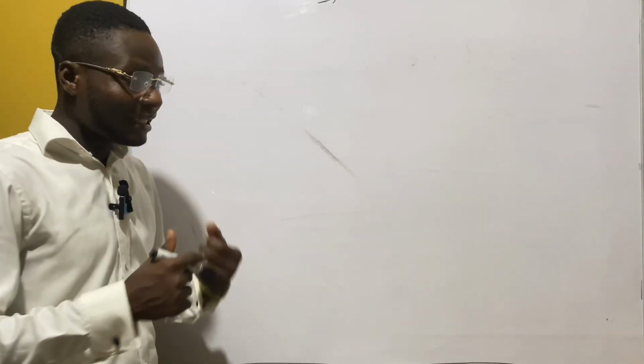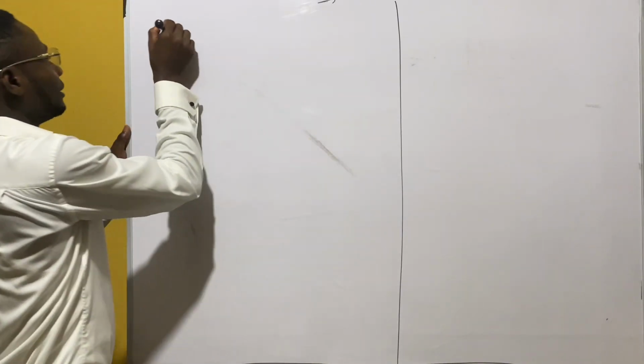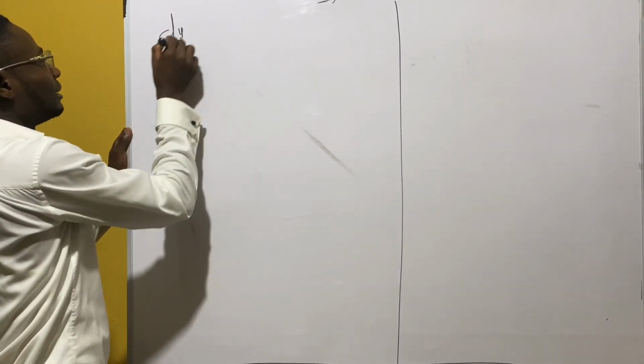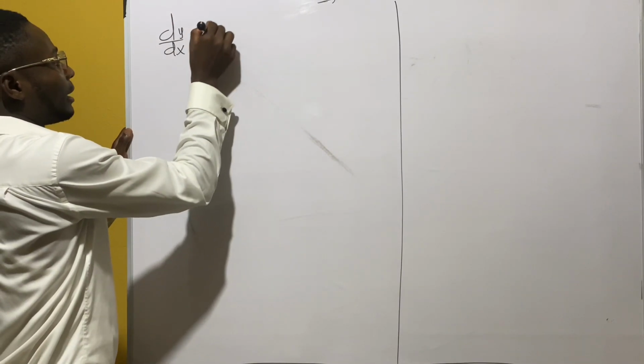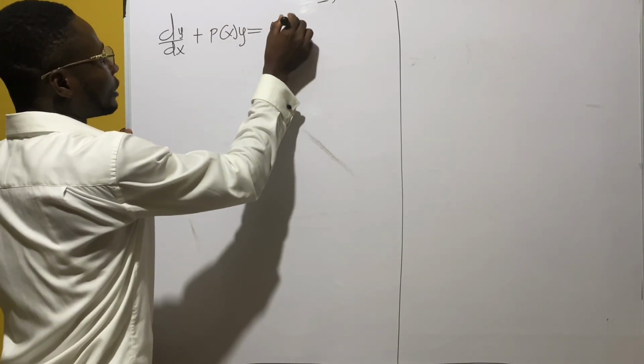The standard form of the linear first order differential equation is given by dy/dx plus p of x times y is equal to q of x.